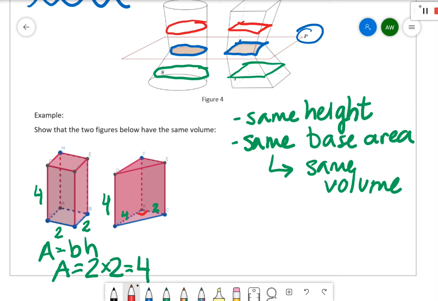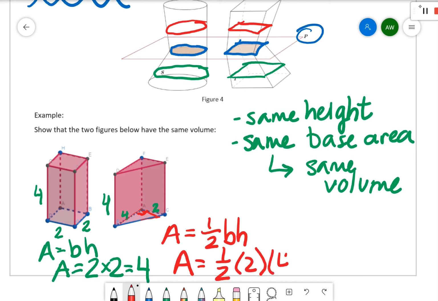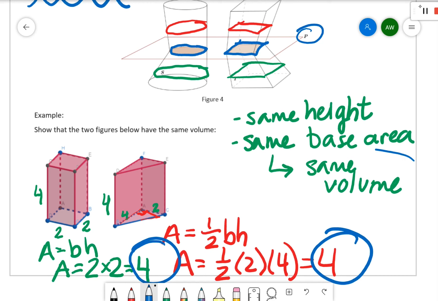I'm telling you that this is a right triangle here. So that means that my base is 2 and my height is 4. My area formula is 1/2 base times height. So that area formula is 1/2 times 2 times 4. 1/2 of 2 is 1, times 4 is 4.